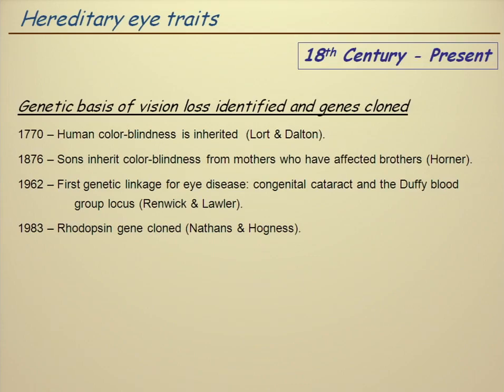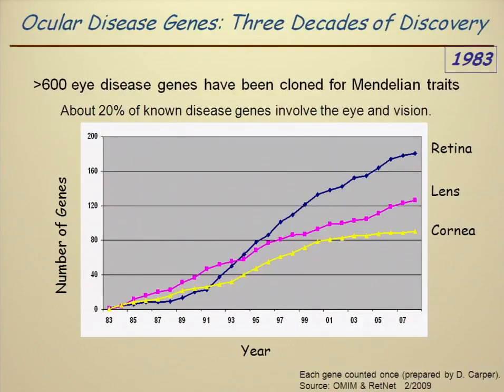And then going a century further, just a few decades ago, Jeremy Nathans cloned one of the genes that imparts light sensitivity and ultimately color vision, not with rhodopsin, but with the color opsin genes, rhodopsin and the color opsins.